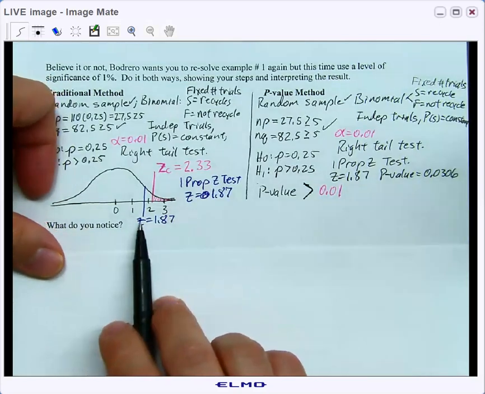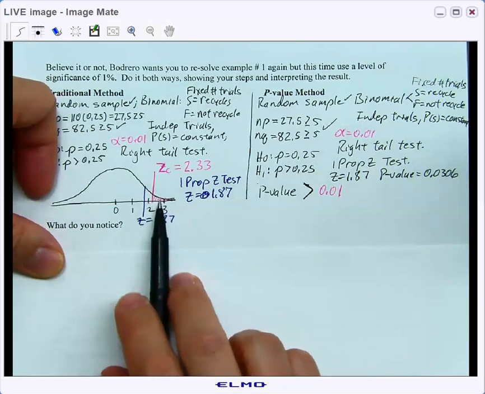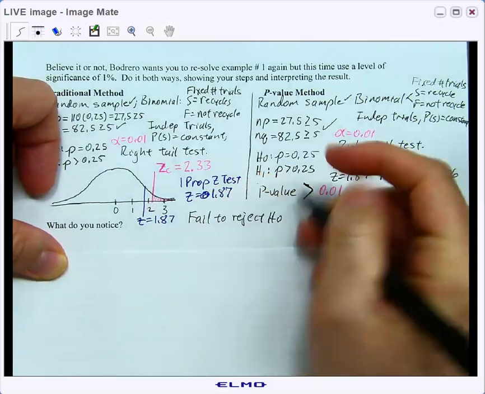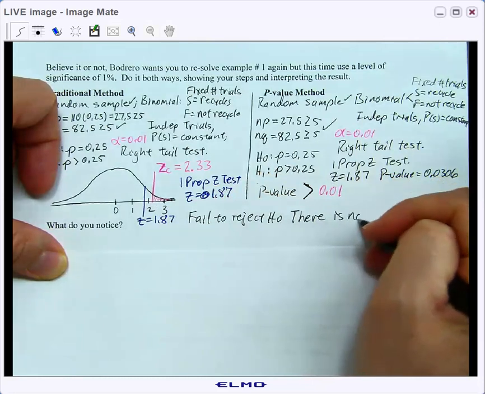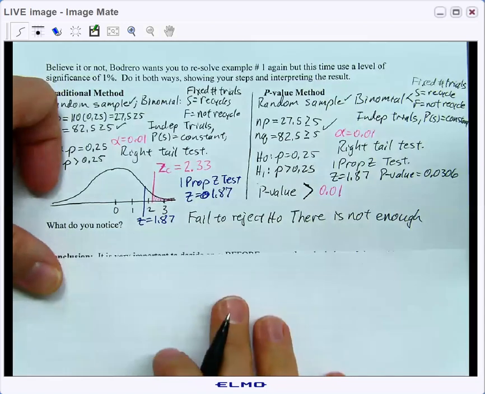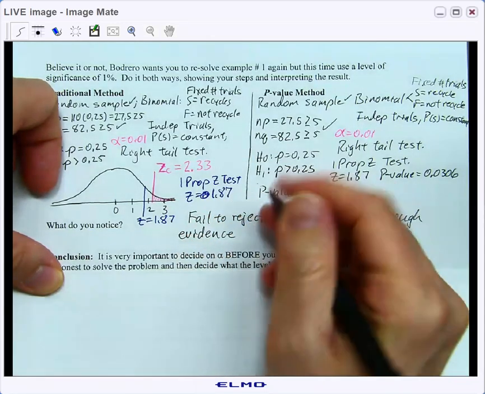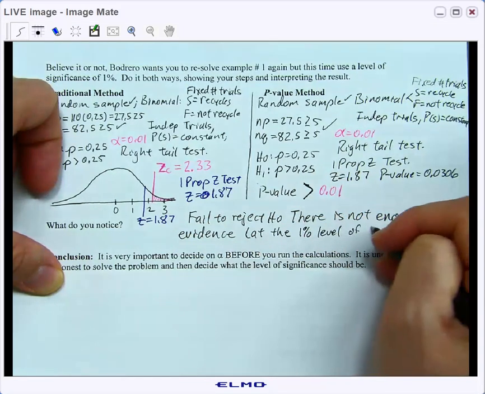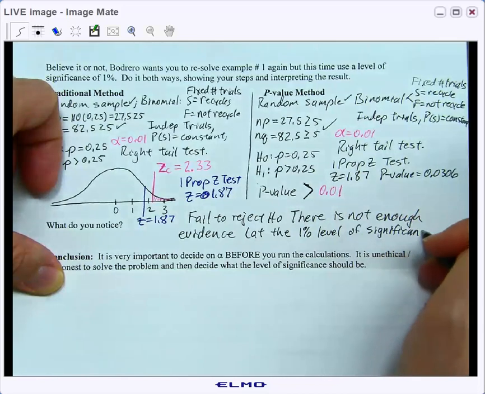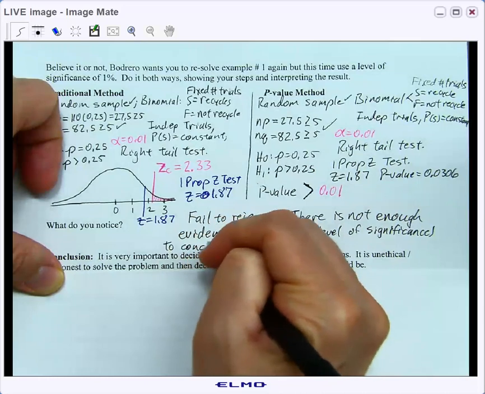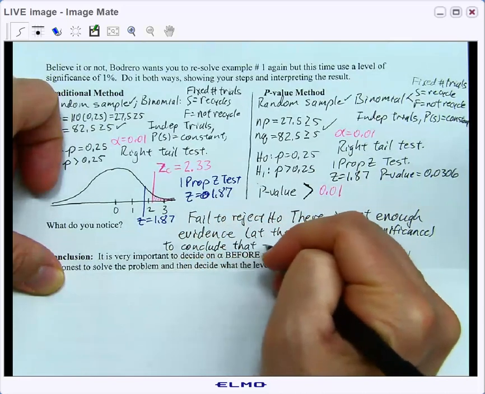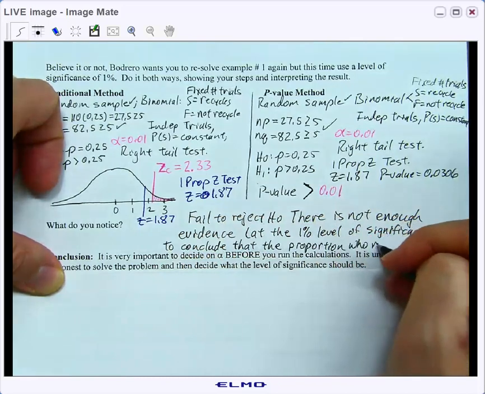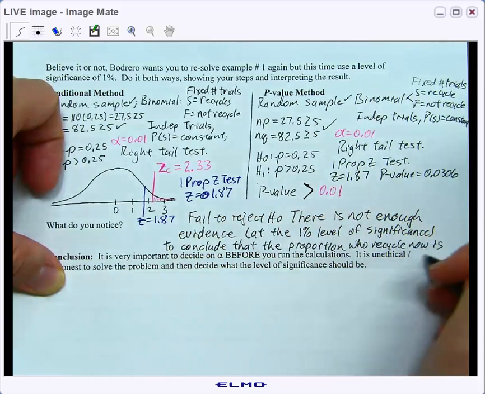And notice now that the test statistic lands outside of the critical region, so we would fail to reject H0, meaning there is not enough evidence, and if you want to get really technical, at the 1% level of significance, to conclude that the proportion who recycle now is greater than 25%.